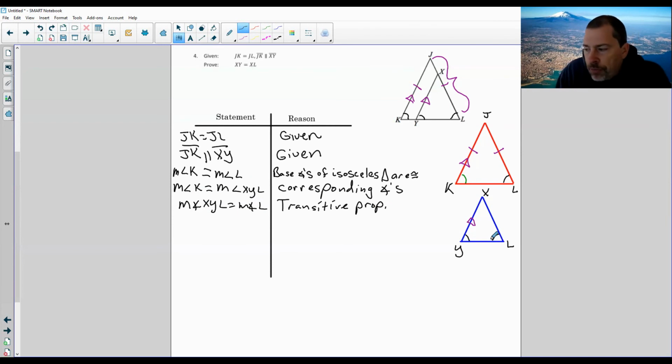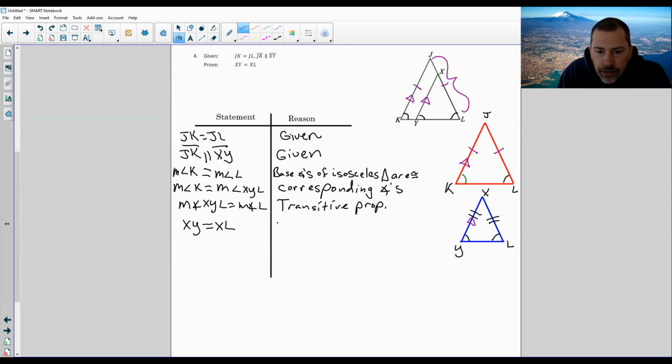So now I have two base angles congruent, and so now I can say XY equals XL. So now I can actually state that these are congruent. Let me use two markers because they're not the same length as JK.